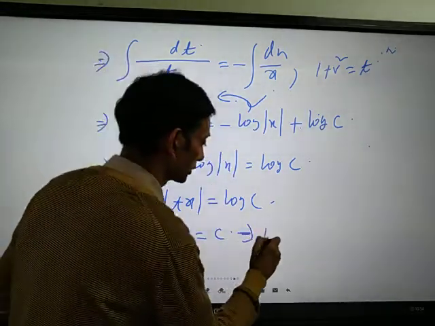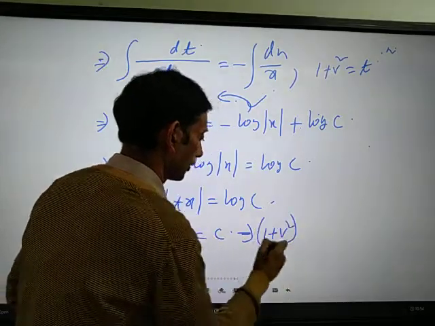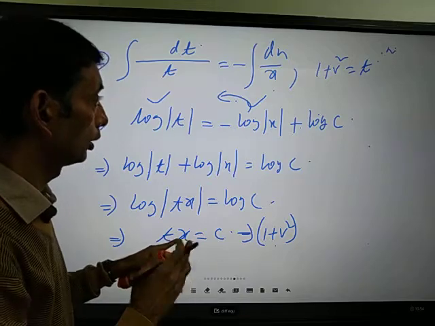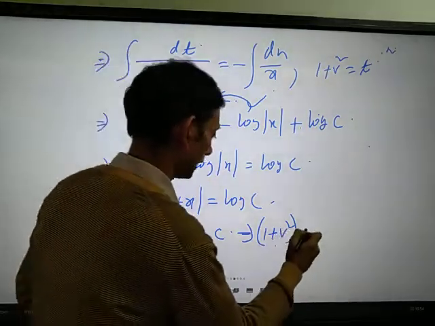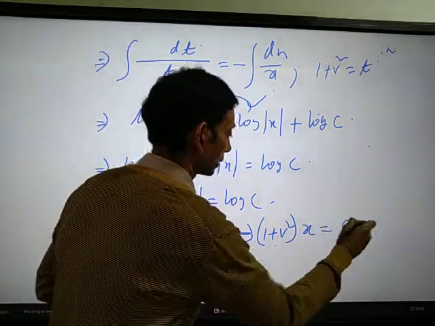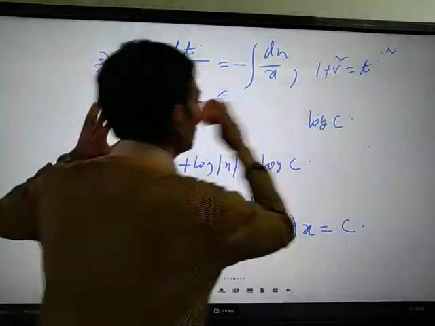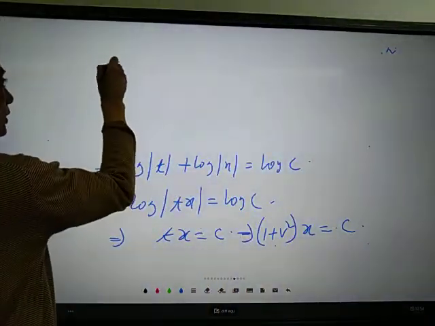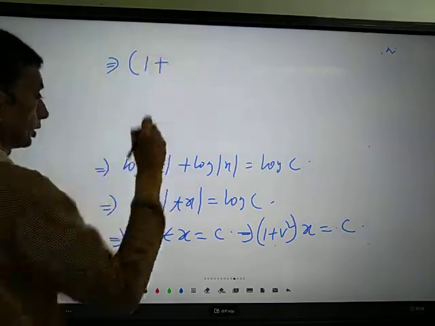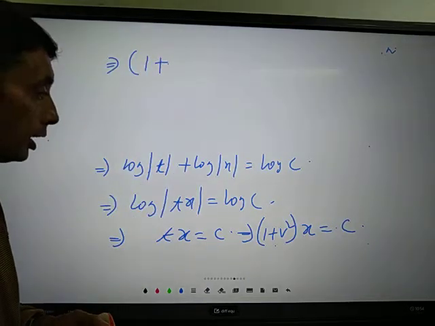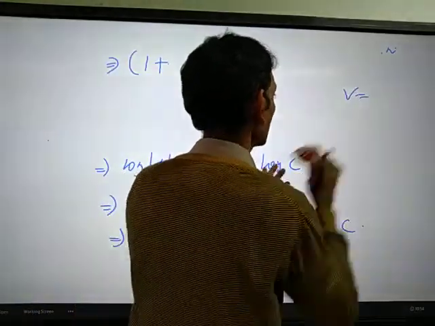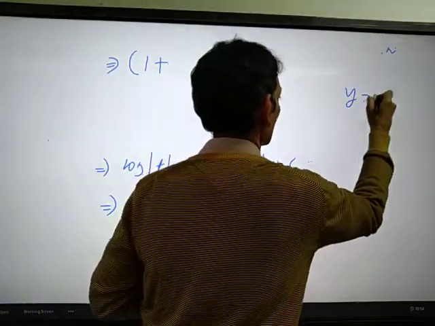Now we're going to replace the value of t. t is 1 plus v square, so 1 plus v square times x equals c. Then we'll replace the value of v. We know y equals vx, so v equals y by x.